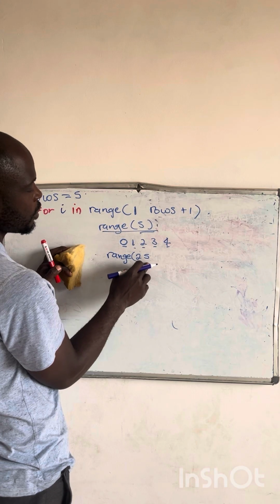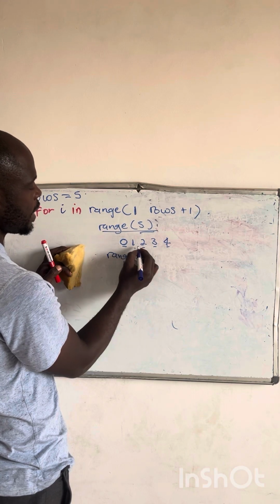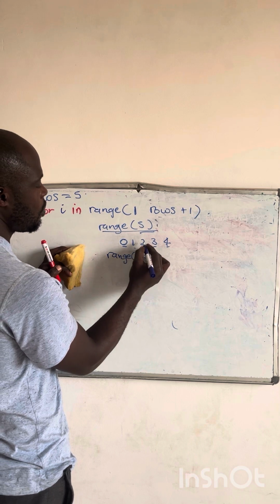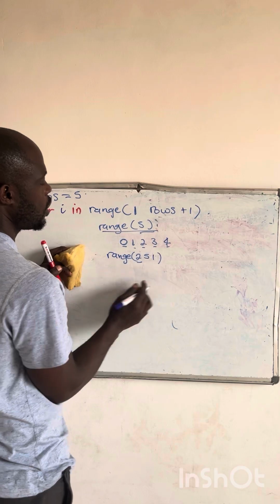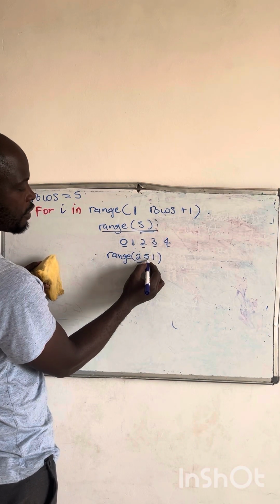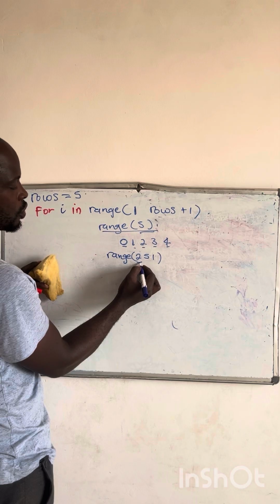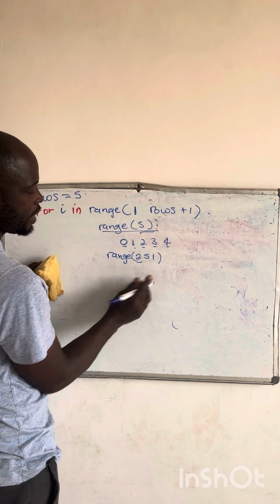Do you want 5 to be incremented by 1 or by 2? In this case put 1. So it will read as range 5, beginning from 2 and incremented by 1.